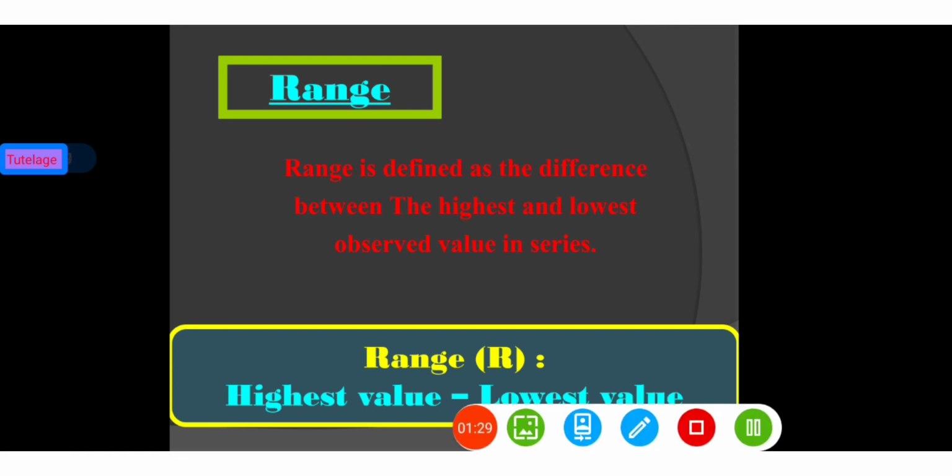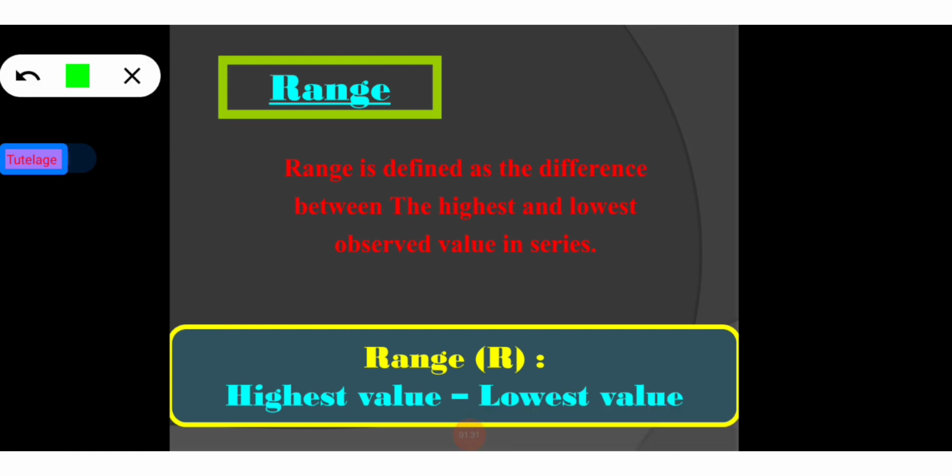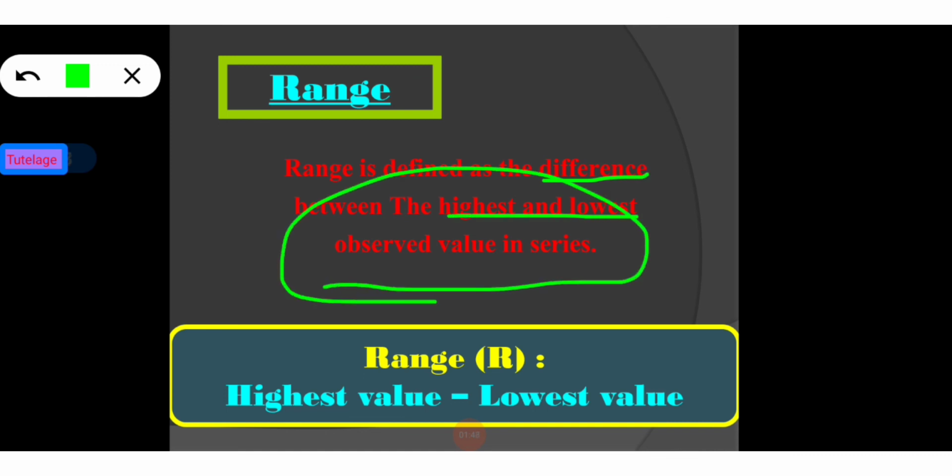Here is the slide for range. Range is one of the most simple and commonly understandable measures of dispersion, and it is defined as the difference between the highest and lowest observed value in the series. Basically it indicates the difference between the highest value and the lowest value in the series of data.